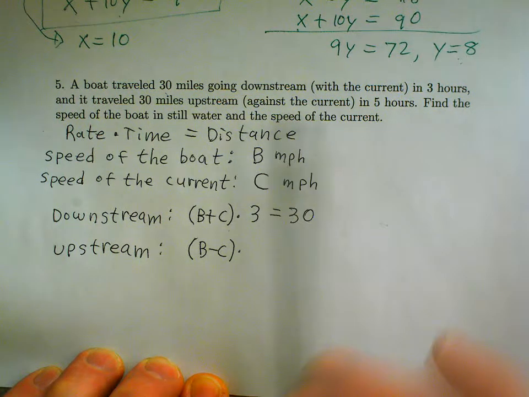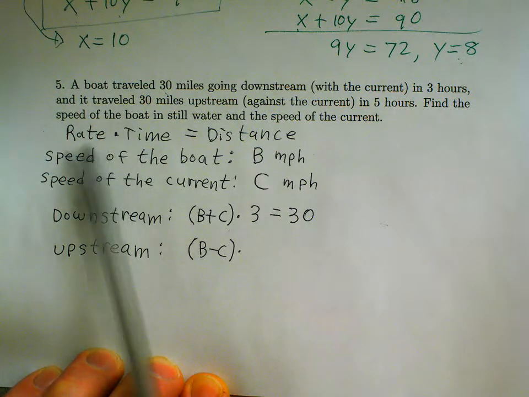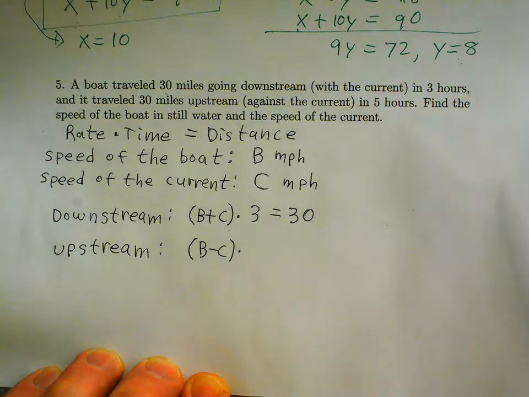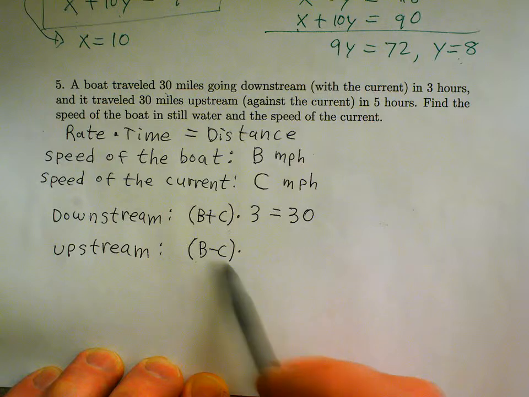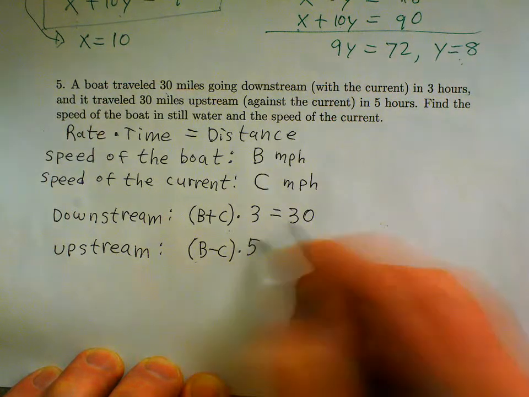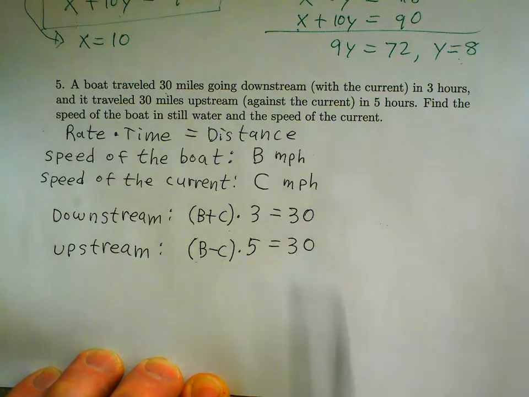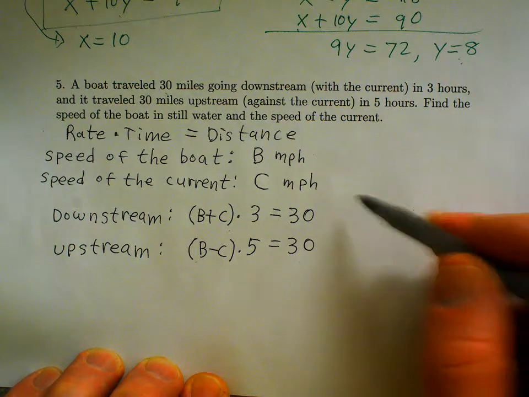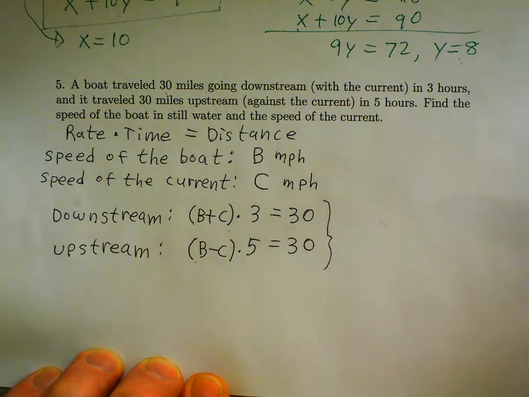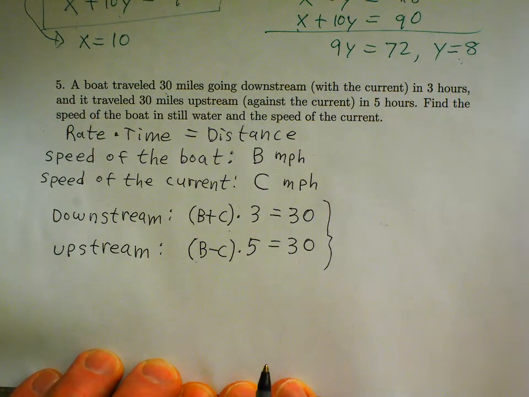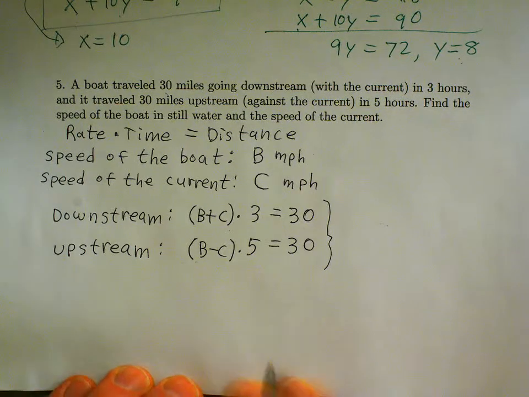And we're told in the problem that when it is going upstream, it travels a distance of 30 miles in 5 hours. So rate times time is 5 hours, and the distance is 30 miles going against the current. Okay, so this is our system of two linear equations. And we can proceed to solve it using one of the methods that we learned about.